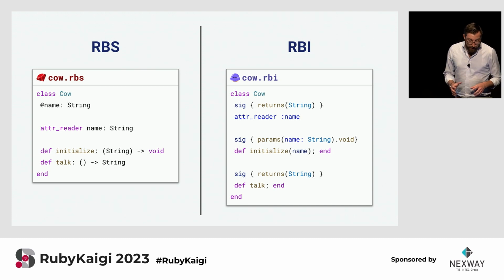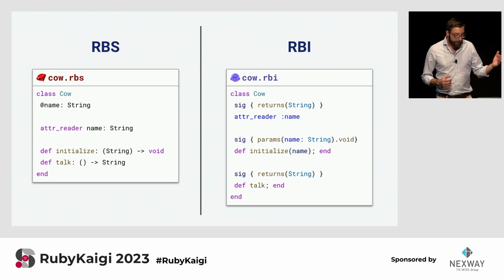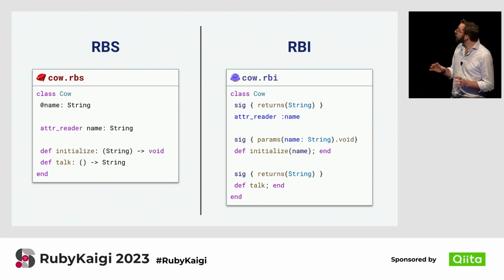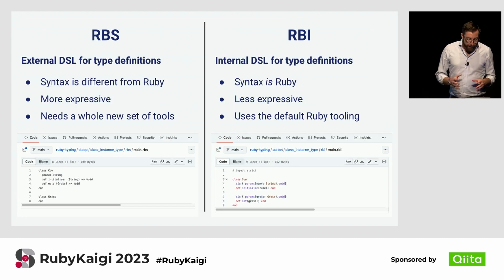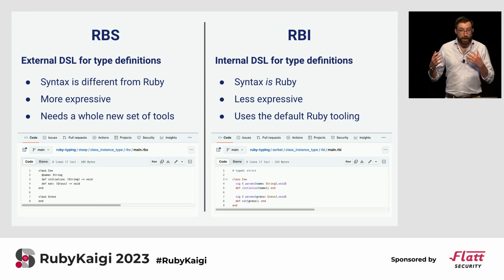If we look at the syntax of the type definition languages, on the left we have RBS, which comes with a syntax to define the type of an instance variable, of the attribute reader name, of the initializer, of the talk method. And we have the same thing on the right with a different syntax, but representing the same kind of thing. The difference here is RBS is an external domain-specific language for type definitions. The syntax is different from Ruby. When you write RBS, you do not write real Ruby.